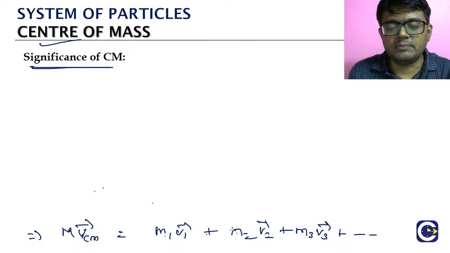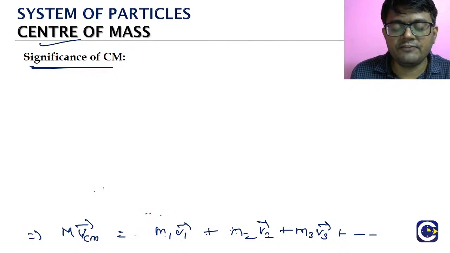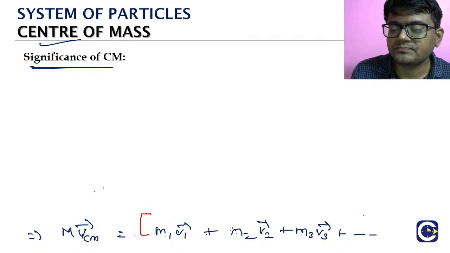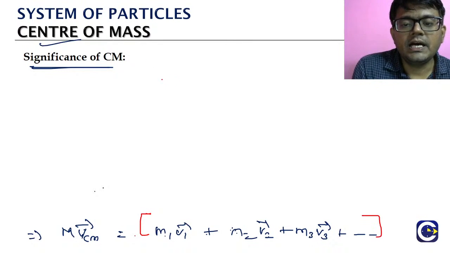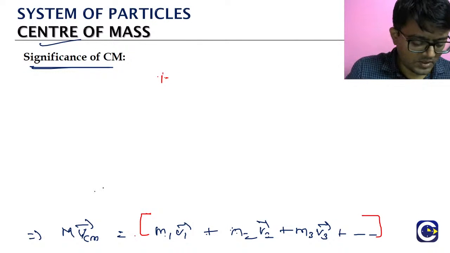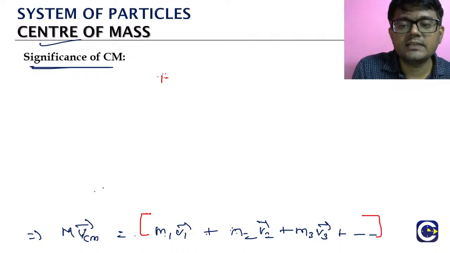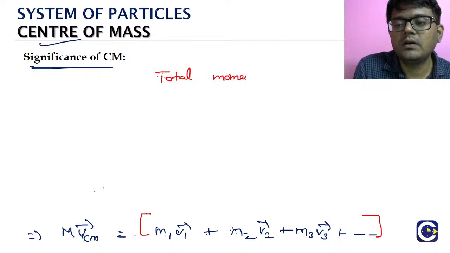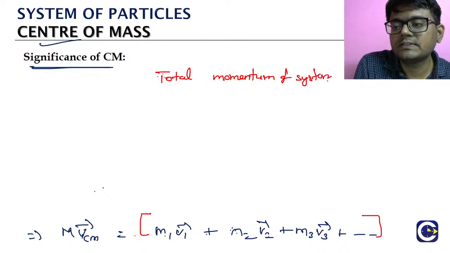system of particles. Now from here we are going to get the first significance. What is it? The total momentum of the system of particles.